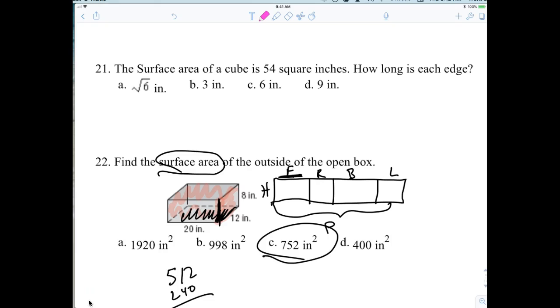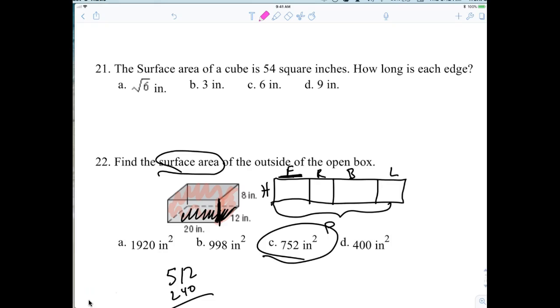How many sides is a cube? 16. No, 12. Throw a die. That's a cube. How many sides does a cube have? 1, 2, 3, 4, 5, 6, 7, 8, 9, 10, 12. What are you counting?